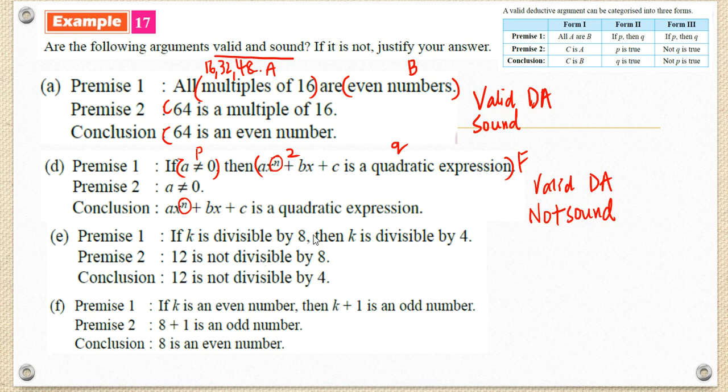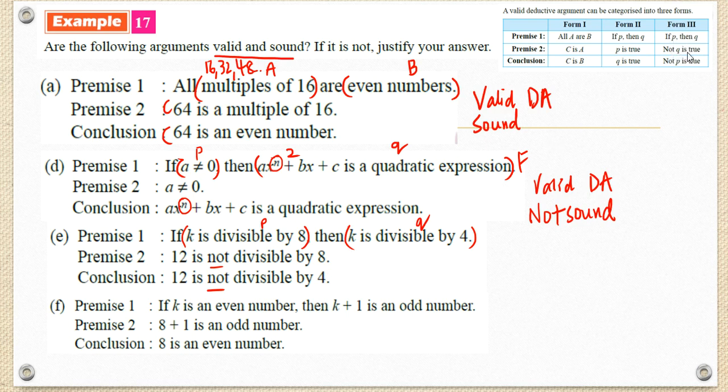If k is divisible by 8, then k is divisible by 4. Okay, if k is divisible by 8, this is your p, then k is divisible by 4, here, q. Then we see 12 is not divisible by 8, 12 is not divisible by 4. They add a not here, isn't it? So it must actually follow form 3. But did it follow? No, isn't it?